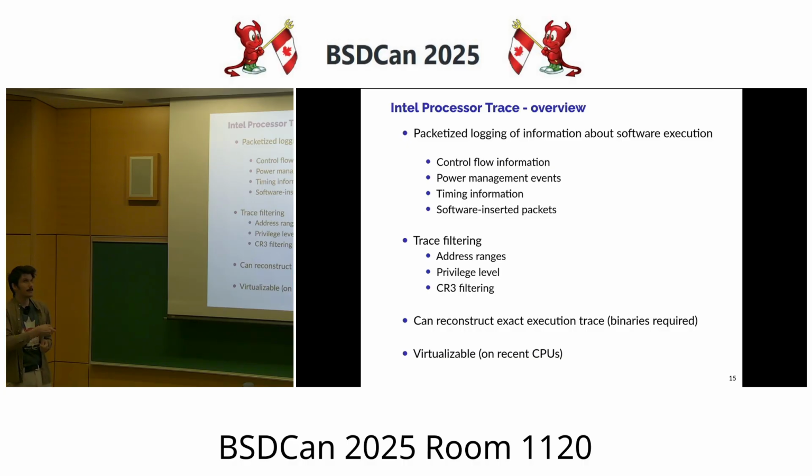And the last kind of notable thing that this technology allows you to do is to insert packets entirely from software. So this is done through a special instruction called ptwrite, and I'll showcase that a bit later. So fortunately, this technology does provide some form of trace filtering as well.